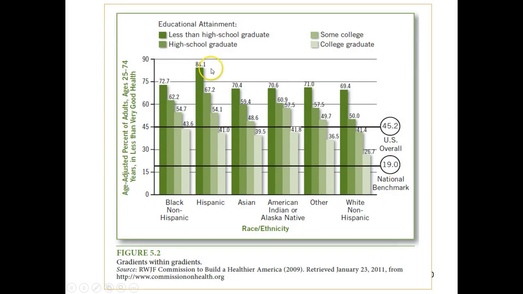Versus if you're a high school dropout or just a high school graduate, you report being in poor health because your income is lower, maybe 100 to 175% of the federal poverty line. You work for minimum wage or a little more.